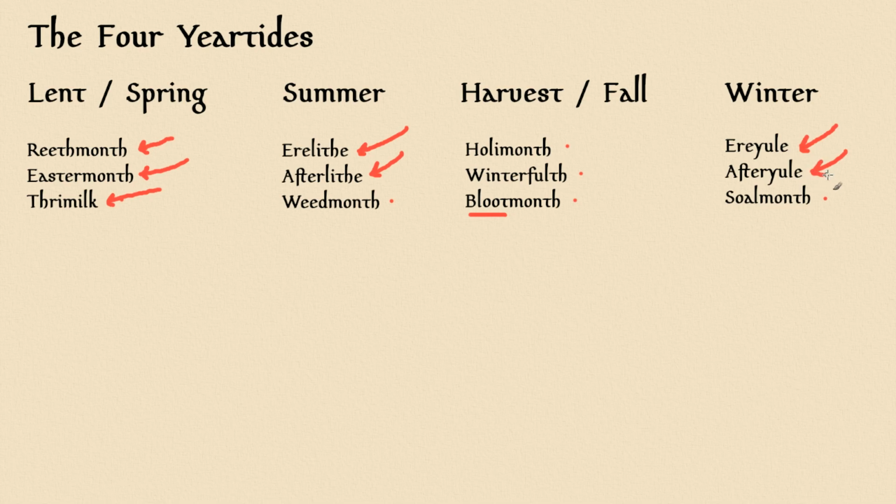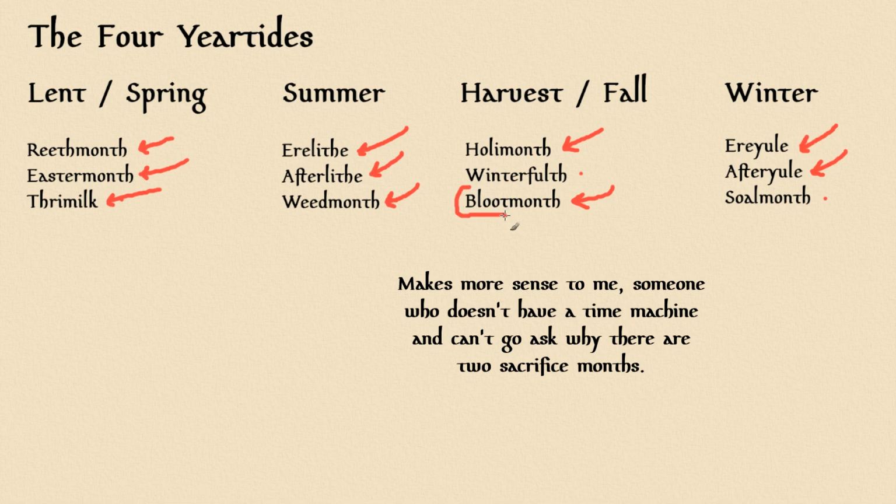And Yule is basically Christmas. Weed month because of the weeds, I guess. Holy month or Holla month because of sacrifices, I think. And then this one's also for sacrifices. But this one makes more sense because it is before winter shows up, and so you would sacrifice the animals you don't think will make it through the winter.